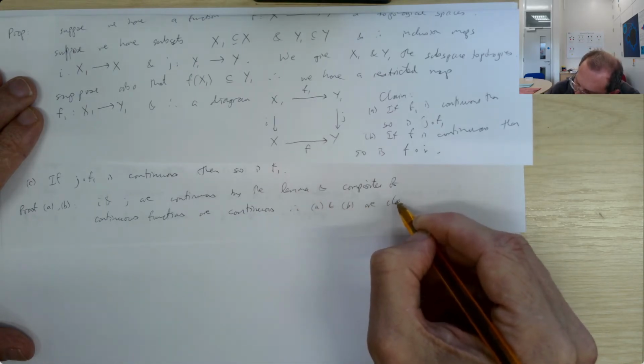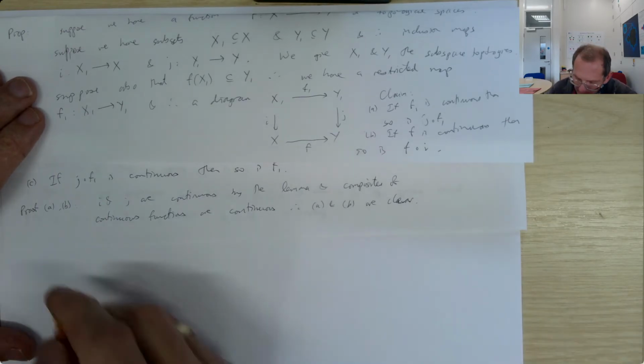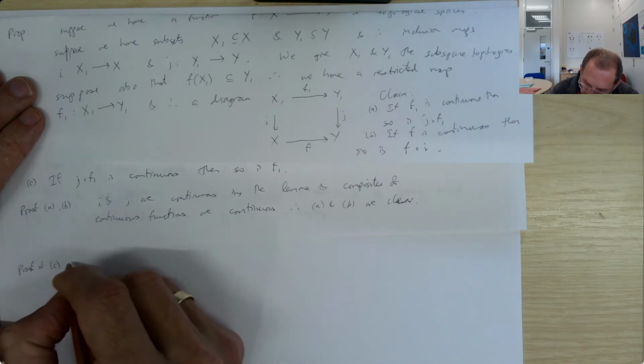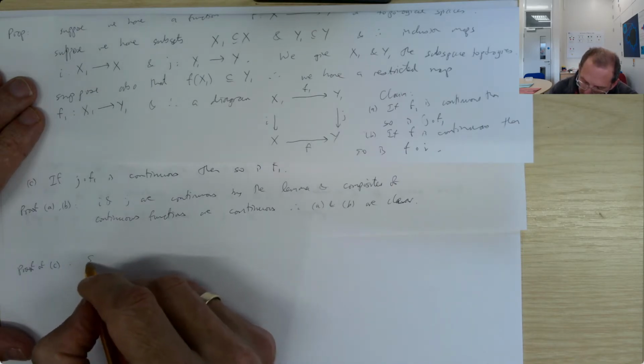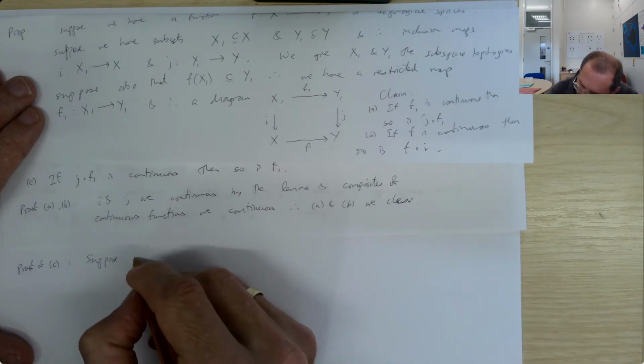And claims A and B follow from that. The proof of C has a tiny bit more to say. Okay, so suppose that j composed with f1 is continuous.